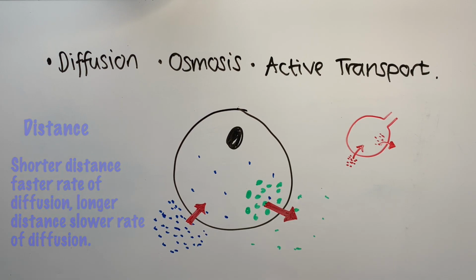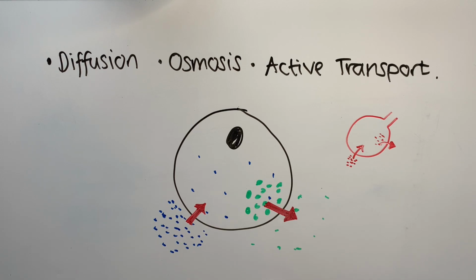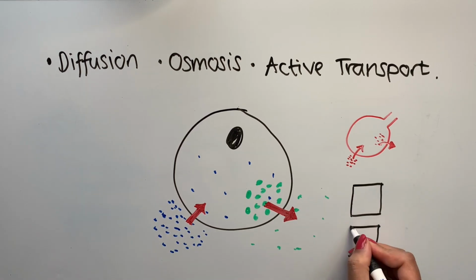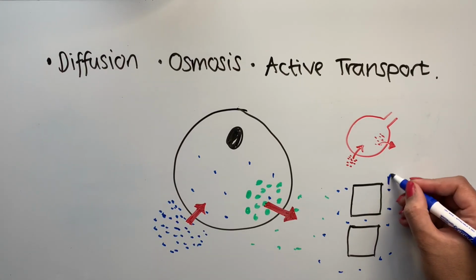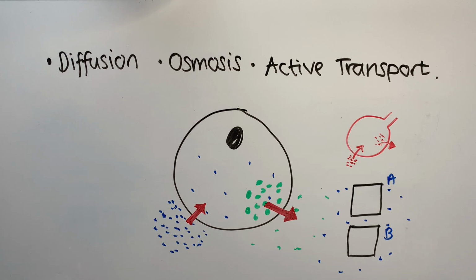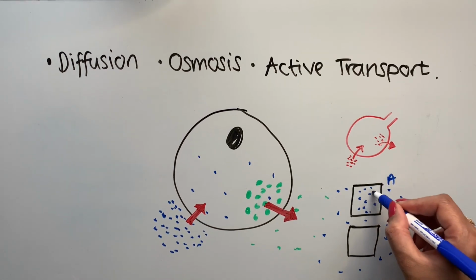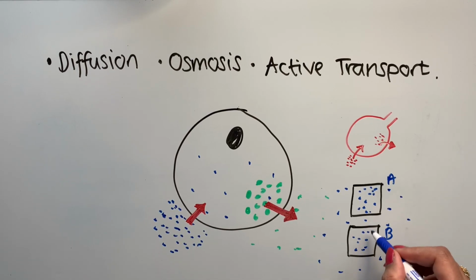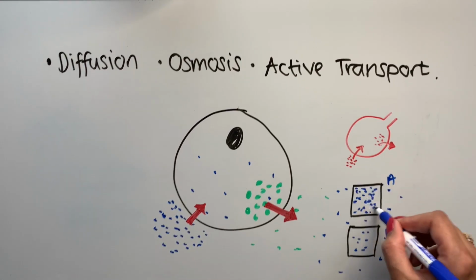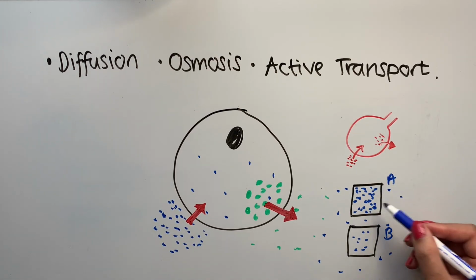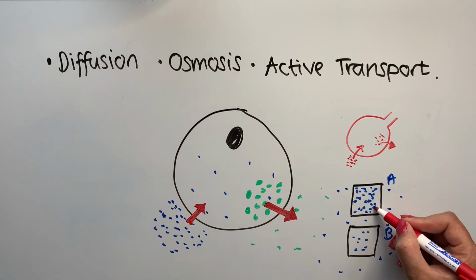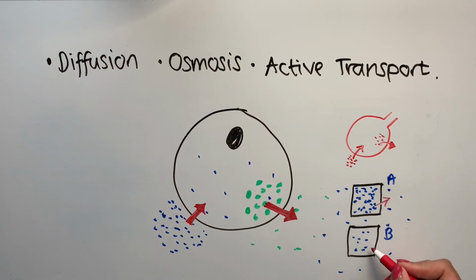The next factor we were going to consider was the concentration gradient. So if I have two boxes here in the same environment, this one is box A and this one is box B. With box A, if I have a higher concentration than in box B, but they're both more concentrated than their surrounding area, the molecules in both of them will diffuse from inside of the box across a permeable membrane to outside the box.